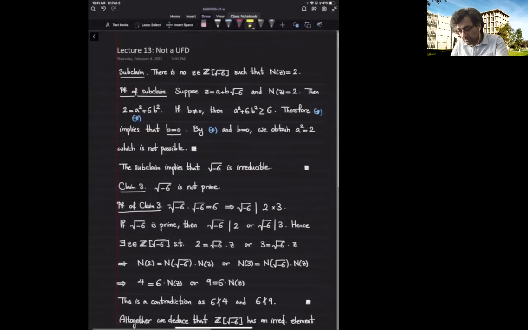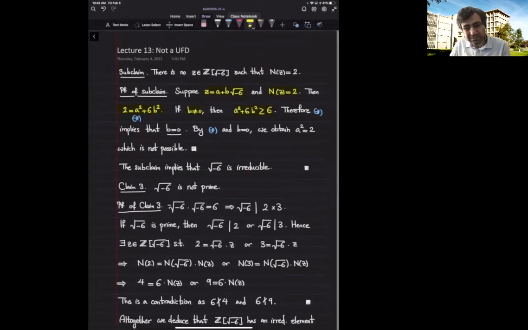So suppose that there is such an element. Suppose that a plus b root negative 6 has norm 2 for some integers a and b. That means 2 is a squared plus 6b squared. Now, by a similar argument to what we mentioned when we wanted to understand units, we saw that a squared plus 6b squared is always at least 6 when b is not 0.